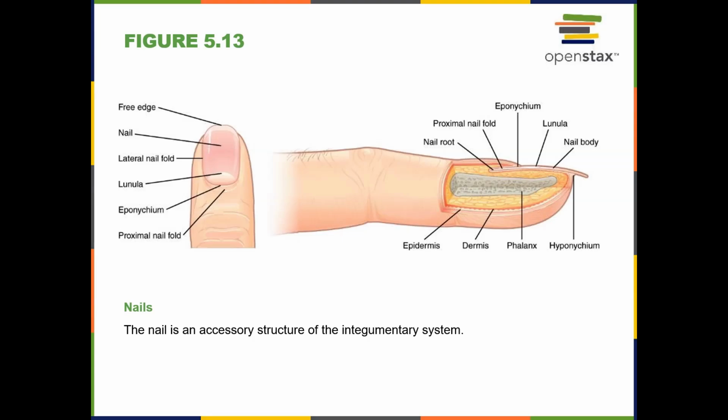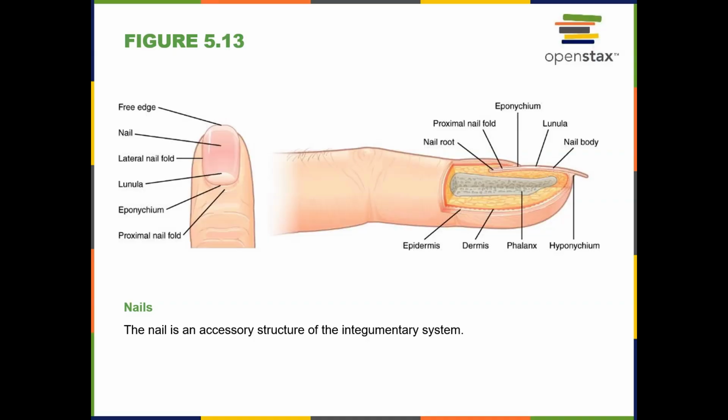This matrix surrounds the root of the nail, which is covered by a proximal fold of skin. Where the proximal skin fold meets the exposed nail is the cuticle or eponychium, and the exposed region of the nail is called the body of the nail.